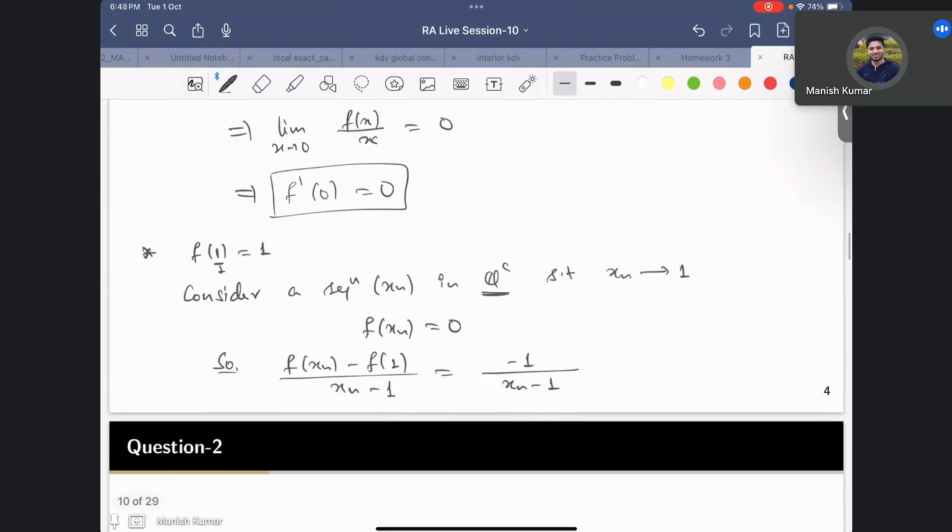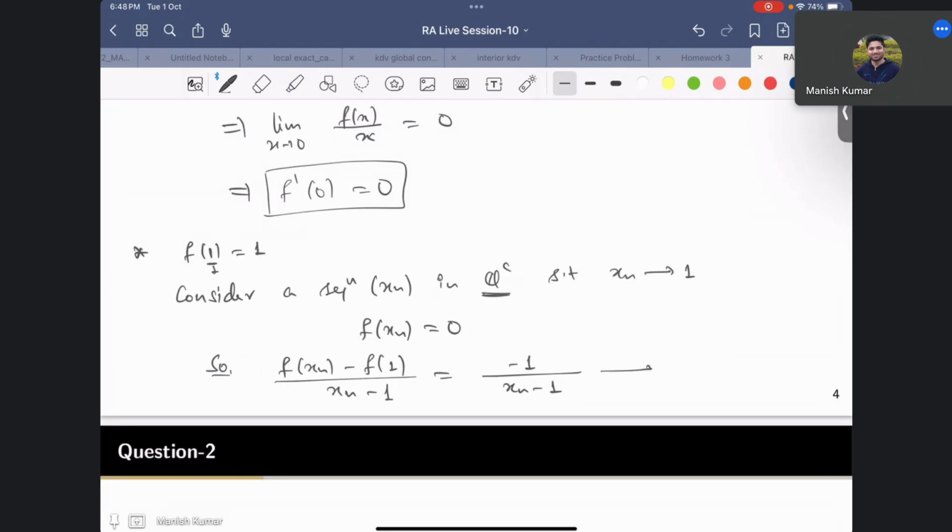Now you can clearly see as n goes to infinity, xn converges to 1, so this denominator is going to 0, correct? So I cannot even say this goes to infinity. For that I'll have to take the modulus, because xn could be greater than 1 or less than 1. So let me take the modulus for now. So this modulus will go to infinity as n goes to infinity because xn goes to 1.